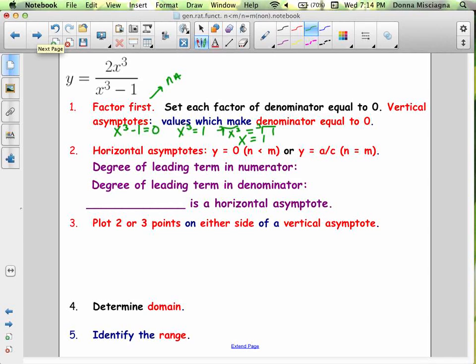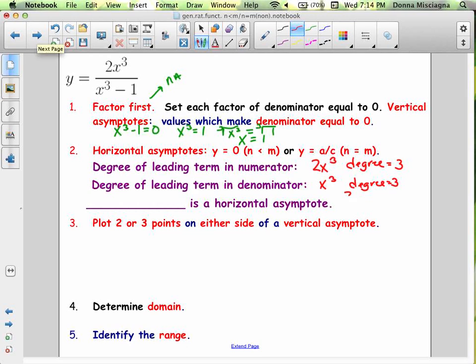For the horizontal asymptote, let's look at the degree of the leading term in the numerator and the denominator. The leading term in the numerator, of course, the only term in the numerator, is 2x cubed, and that degree is 3, because it's x cubed. The leading term in the denominator is x cubed, and that is also degree 3.